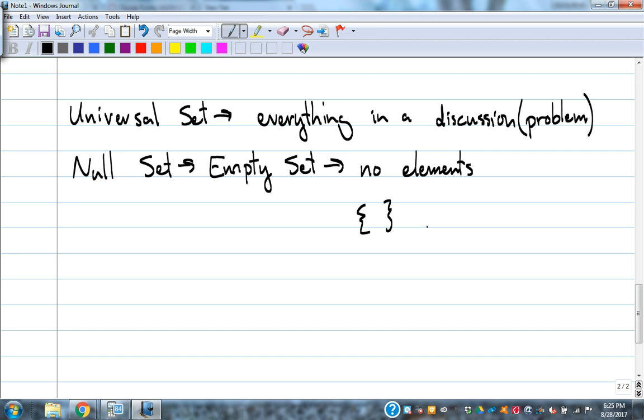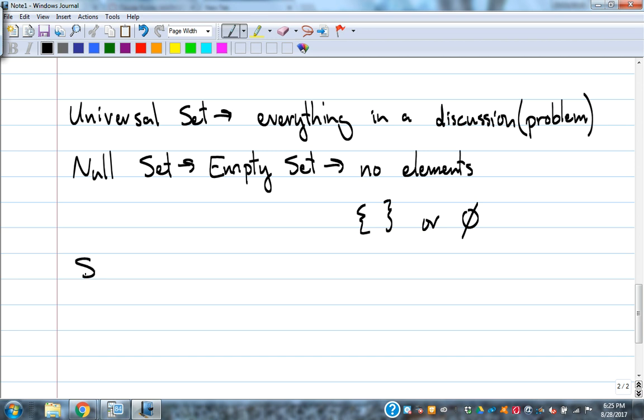Or sometimes you'll see the book note that with a circle with a slash through it. Both of those mean the null set or empty set. They kind of bounce back and forth which one they use. They mean the same thing. Empty set, null set. All right.